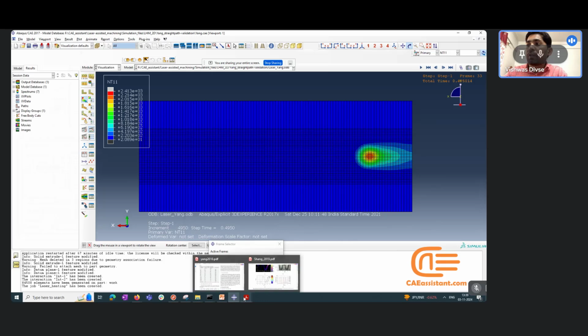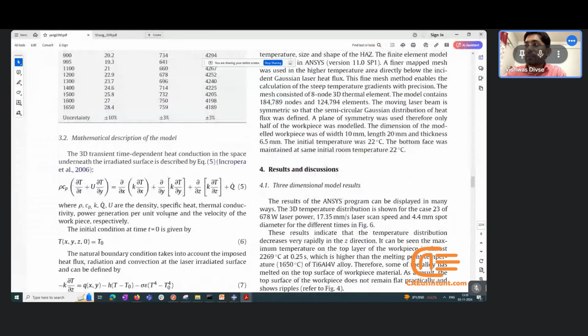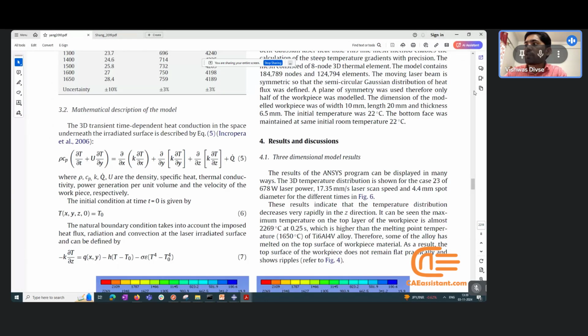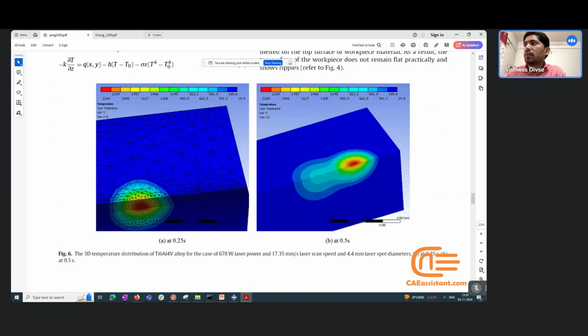We'll see in the literature what they are saying. In the same paper, they also performed this simulation. Here you can see. Maybe in different software using a different method, but still we can validate our results, because whatever physics we are following is perfectly in line with practical laser heating.